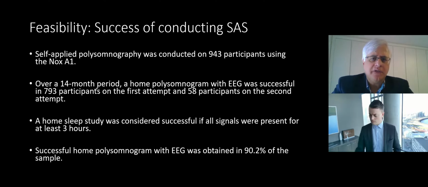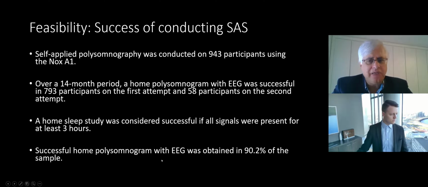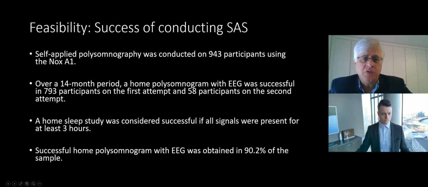And if you just look at the numbers that we have, we were able to get successful home polysomnography, which includes, of course, the EEG, in 90% of the time. So 90% of our 943 people could get it within 2 attempts.